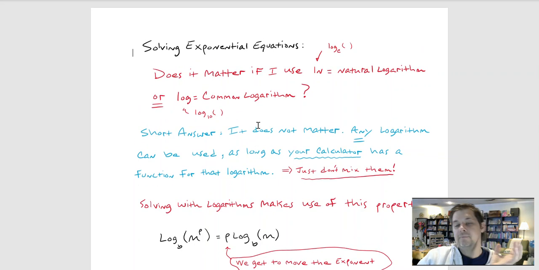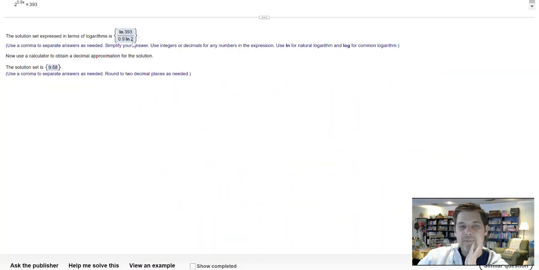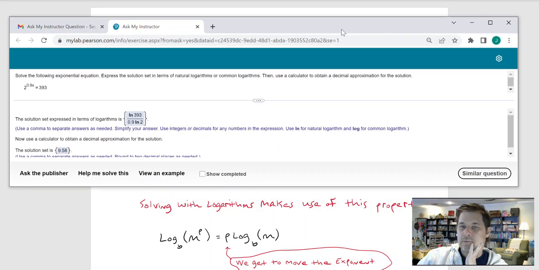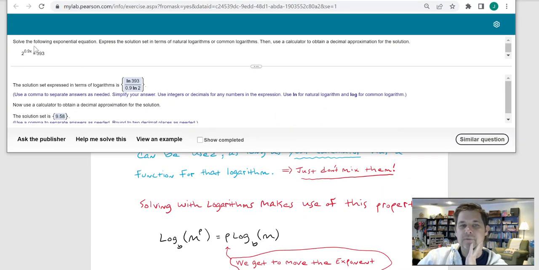The reason I want to address this question is because you might see something like this on your assignment, where it says solve the following exponential equation, and then over here where we would put the answer in, it says something like this: use ln for natural logarithm and log for common logarithms. As if maybe it doesn't matter, or maybe you have to decide which one to use.